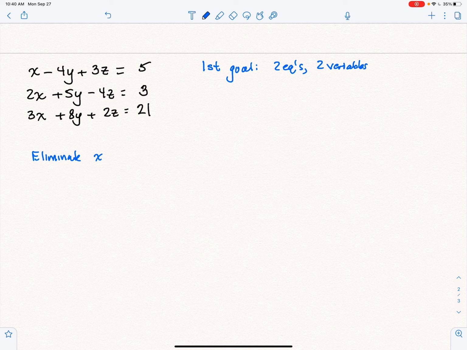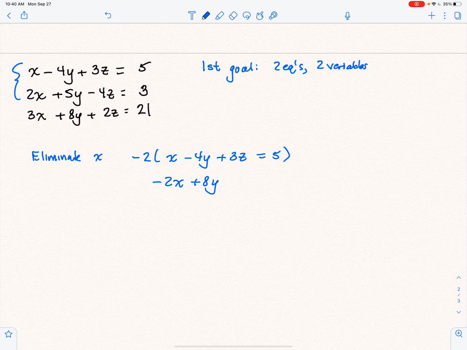In order to do that, I'm going to look at the first two equations, and I notice I can multiply the first equation by -2. And that gives us -2x plus 8y minus 6z equals -10. And I'm going to put that with the original second equation.